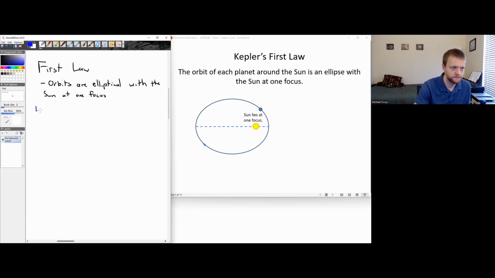So an ellipse, it's an oval-like shape. So it has a very precise mathematical definition. These ellipses, one of the properties that characterize them is their eccentricity. So eccentricity varies from 0 to 1.